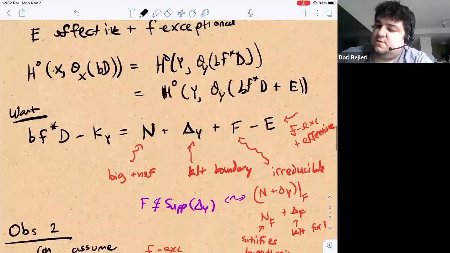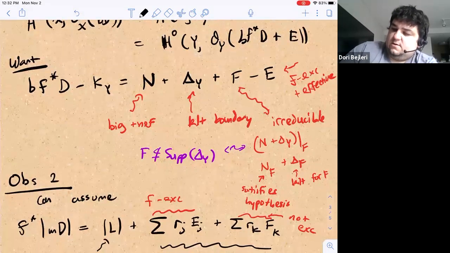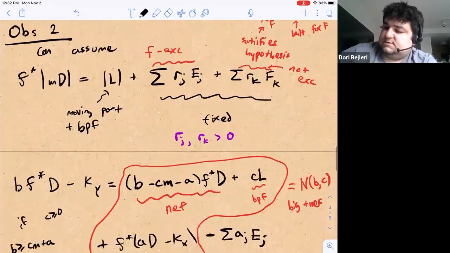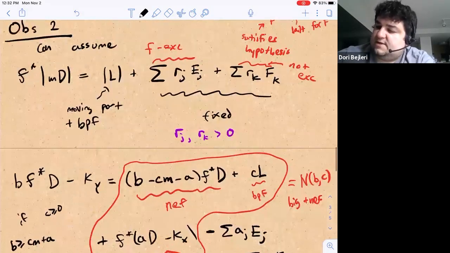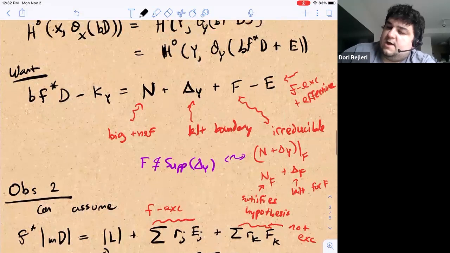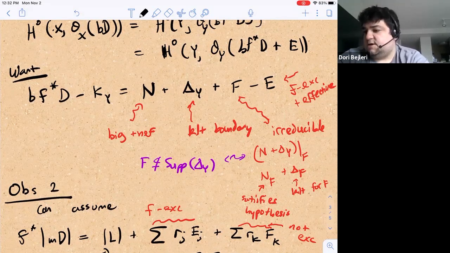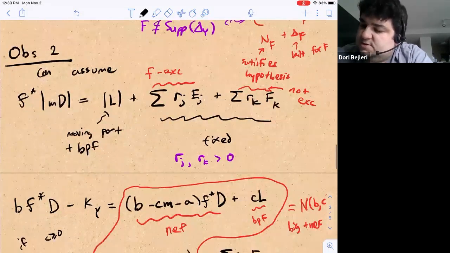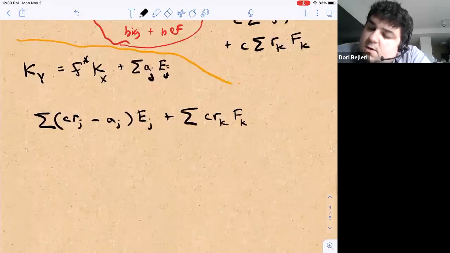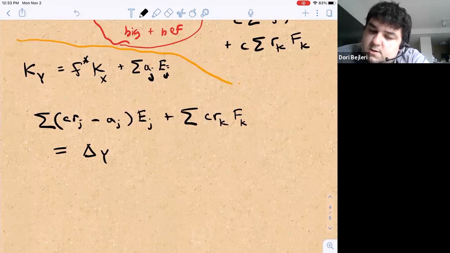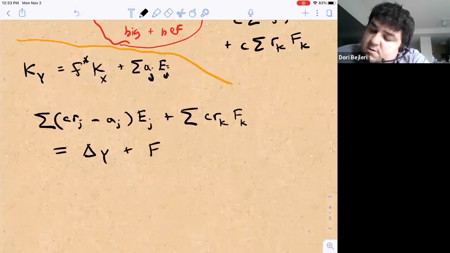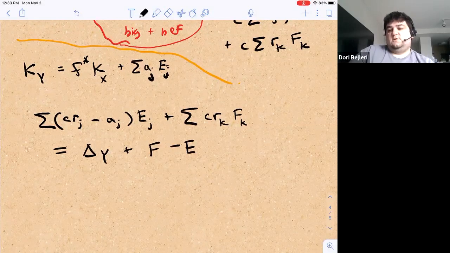Well, if we scroll back up, we have our big Nef guy, our N. So this last piece, this sum here, we want this to be our KLT boundary plus some irreducible integral divisor minus some exceptional effective divisor. So this we want to be delta y plus f minus e, where each of these components are as above.